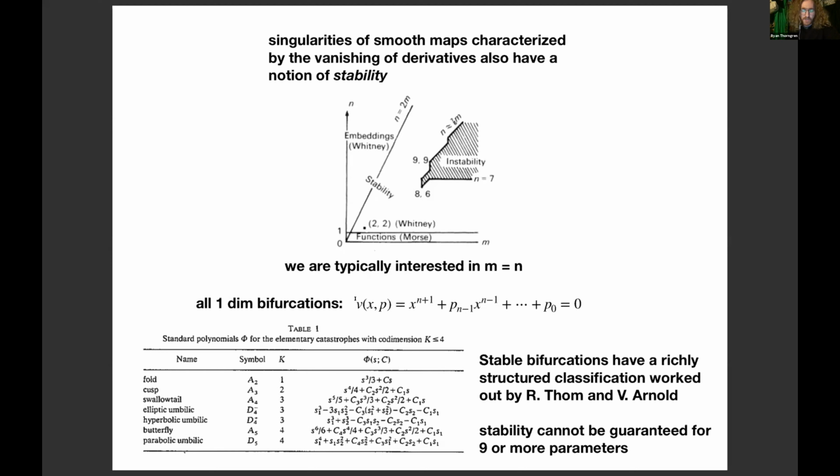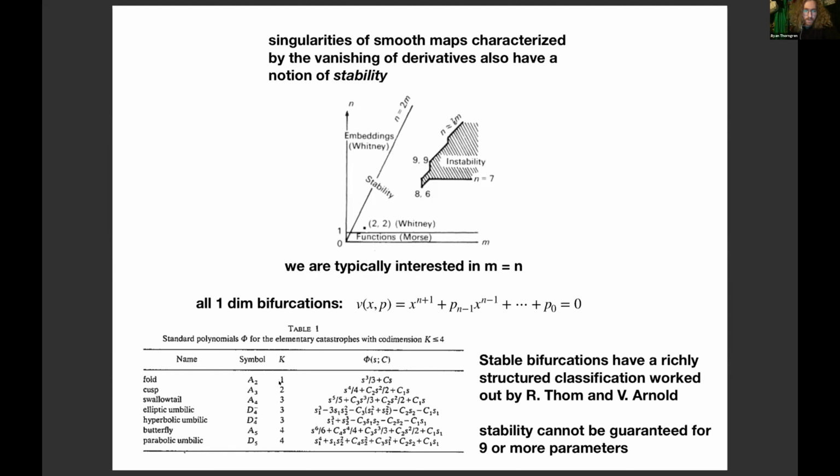And if we just have 1 dimension of x, then we have just these simple polynomial bifurcations, which are the generalizations of the ones that I talked about. And then there's this nice list. There's actually infinitely many things in this list, but they have more and more codimension, but all of the ones of small codimension, you can just write down.